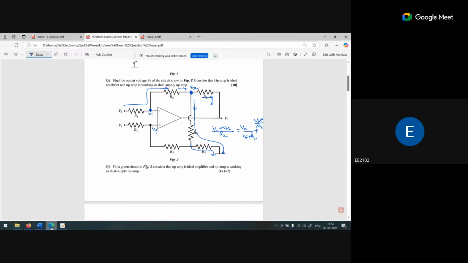How do you calculate the V positive and V negative?